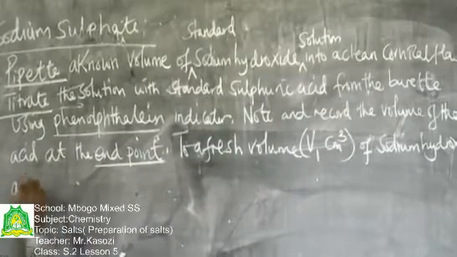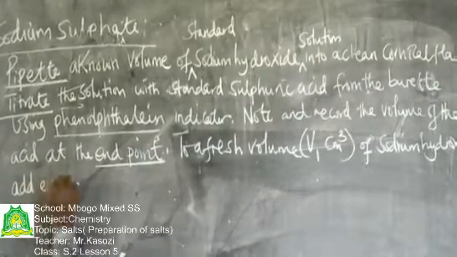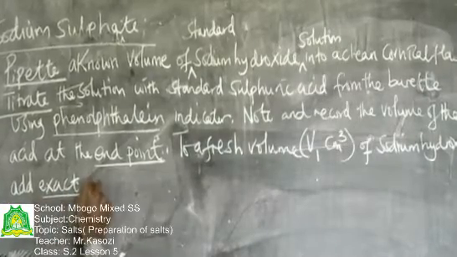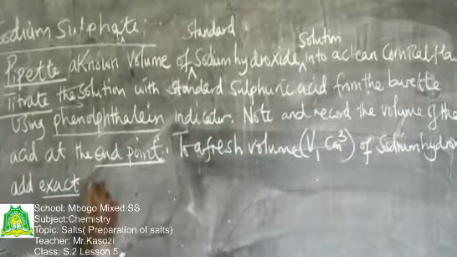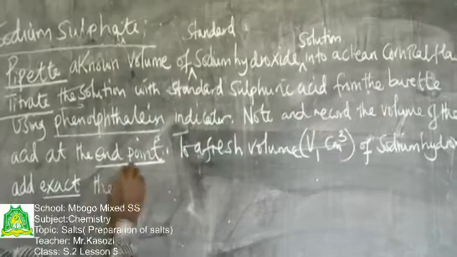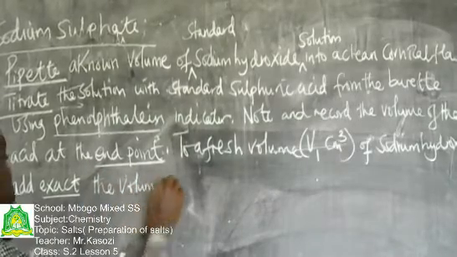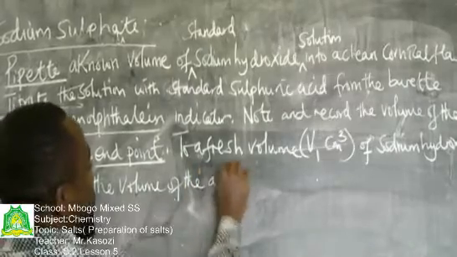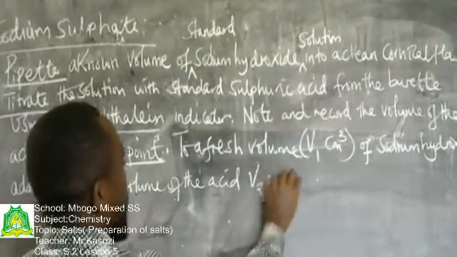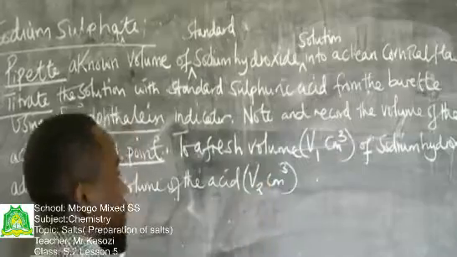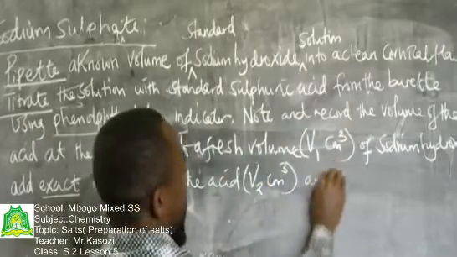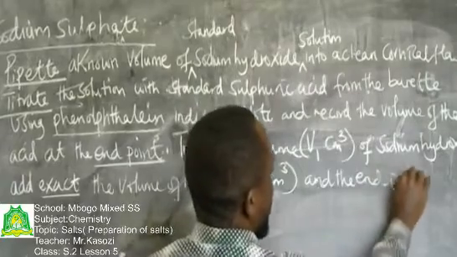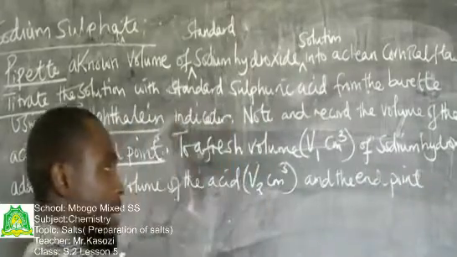Add the exact volume of the acid, V2 cubic centimeters, at the end point, without an indicator.